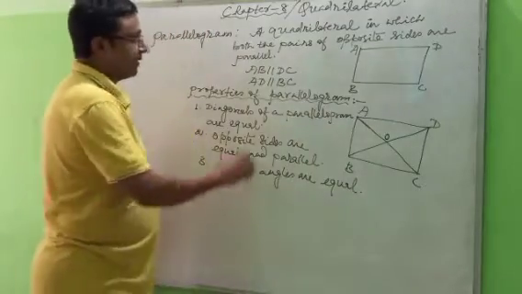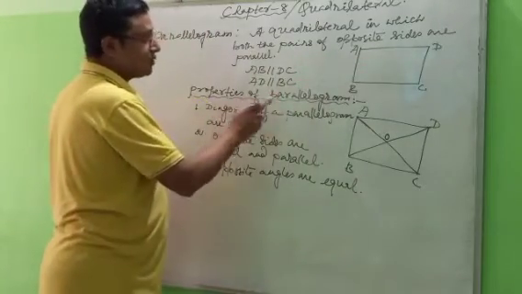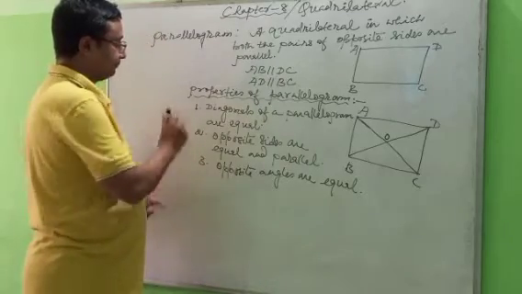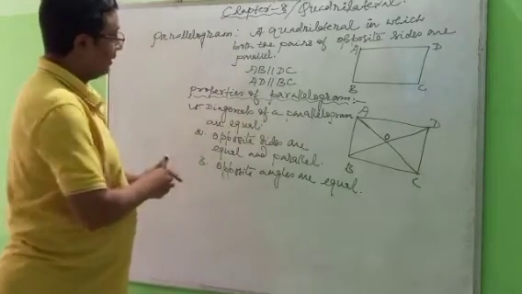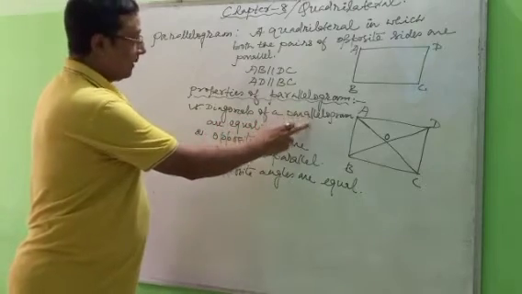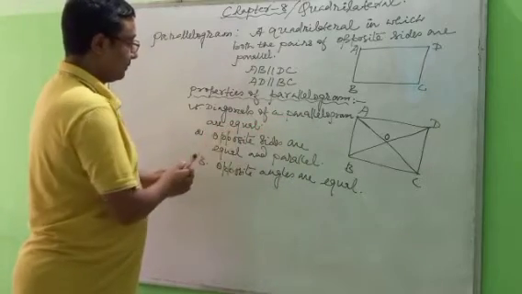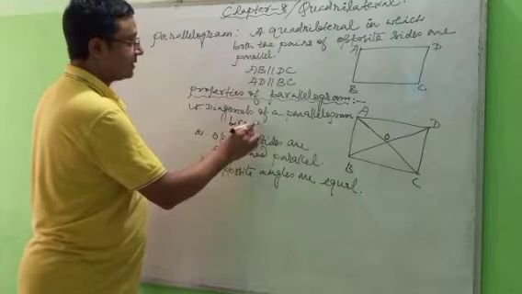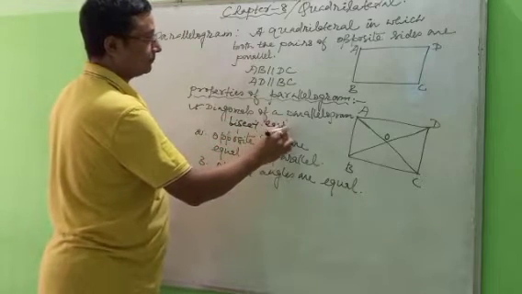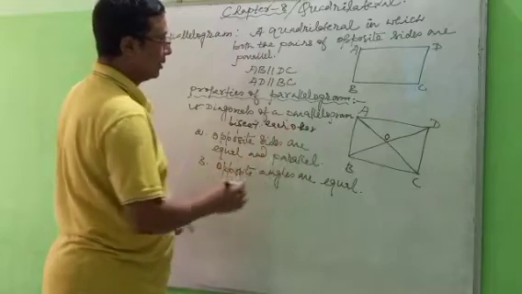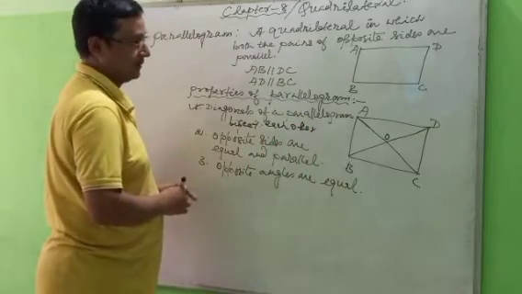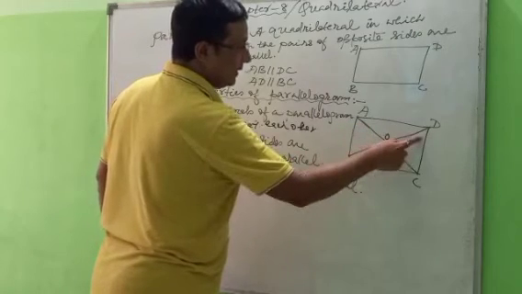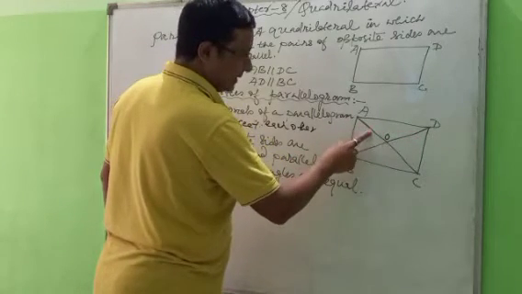Now here you need to know the properties of the parallelogram. Number 1: diagonals of a parallelogram bisect each other. You know the word bisect, so that means both the diagonals AC and BD will bisect each other.